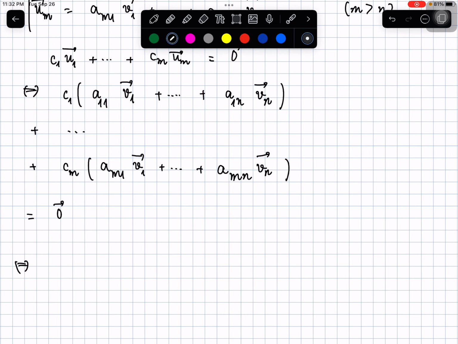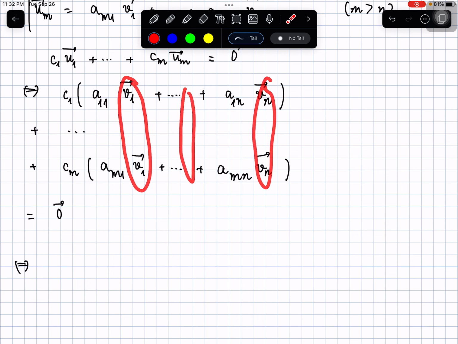So let's put them in terms of v1, v2 and vn.